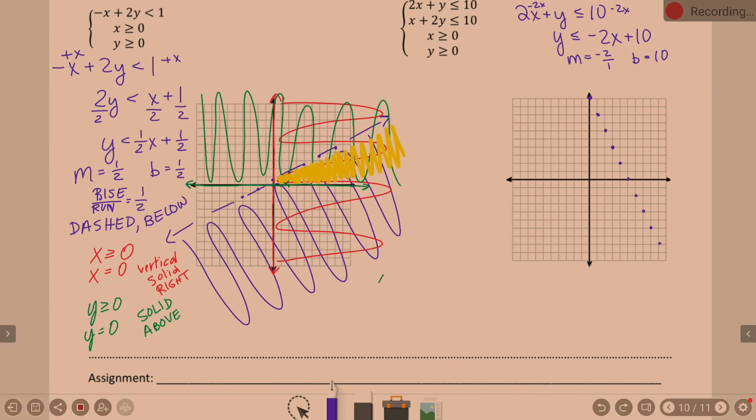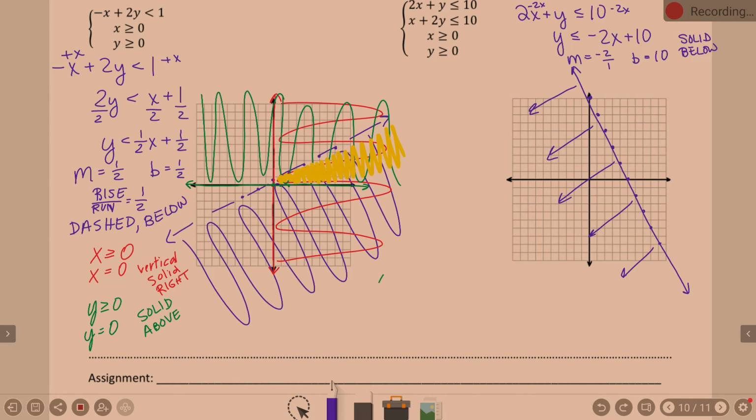Okay, 2x plus y less than or equal to 10. Well, what do we know? Subtract 2x. y is less than or equal to negative 2x plus 10.